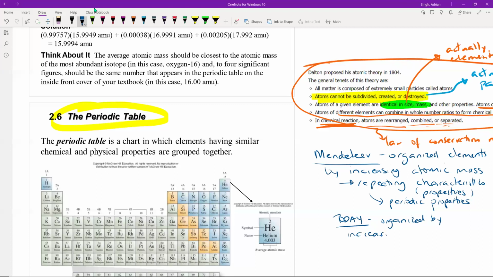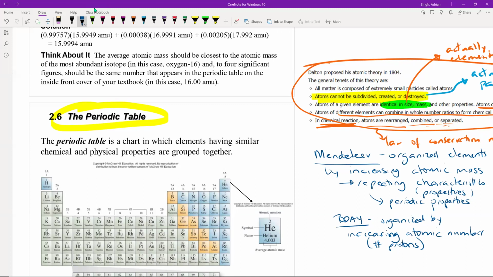And we still see those periodic patterns. Atomic number is just the number of protons. So when the elements are arranged this way, we see these periodic properties.